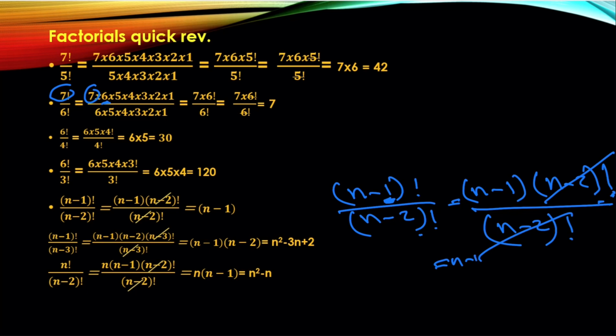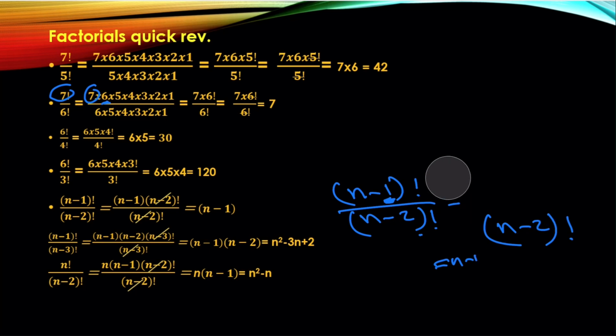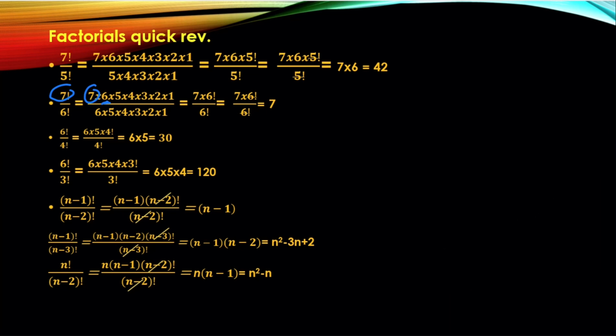Let us look at the example I have solved here for you. I have n minus 1 factorial divided by n minus 2 factorial, the whole bracket factorial. It is not 2 factorial; it is n minus 2 fully inside the bracket, factorial.